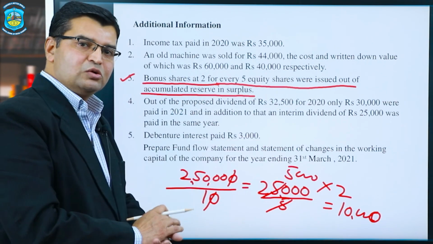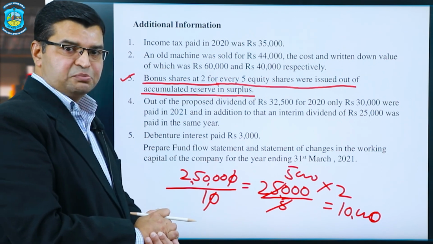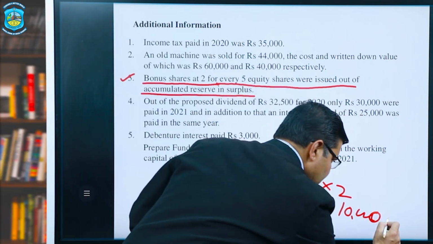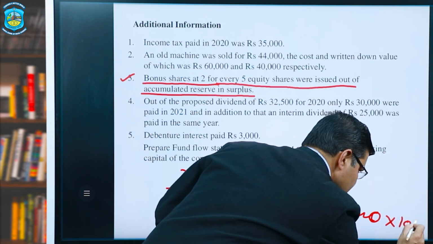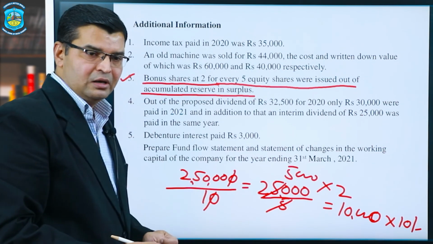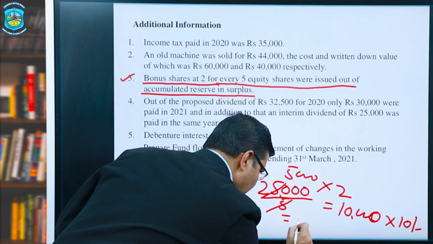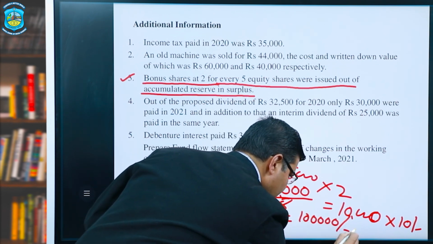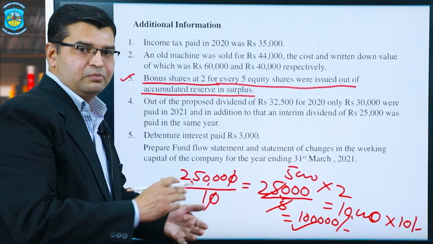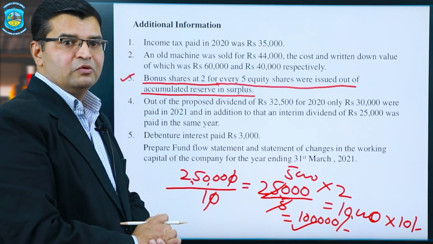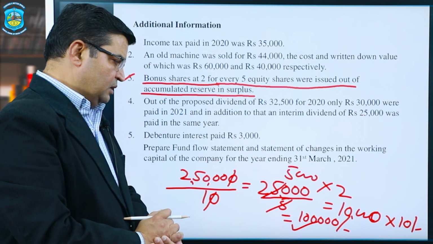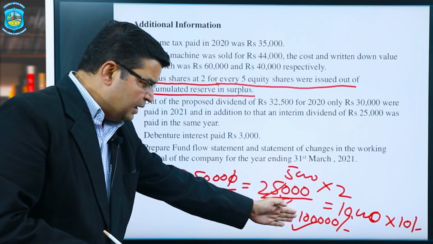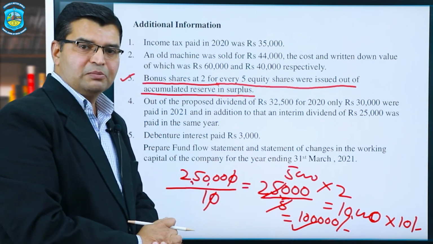If 10,000 shares are being issued as bonus shares, so ultimately 10,000 into each share worth rupees 10 will be equal to rupees 1 lakh, and this 1 lakh rupees is actually one of the applications of funds, because during the year the company has issued this 1 lakh rupees worth of bonus shares.